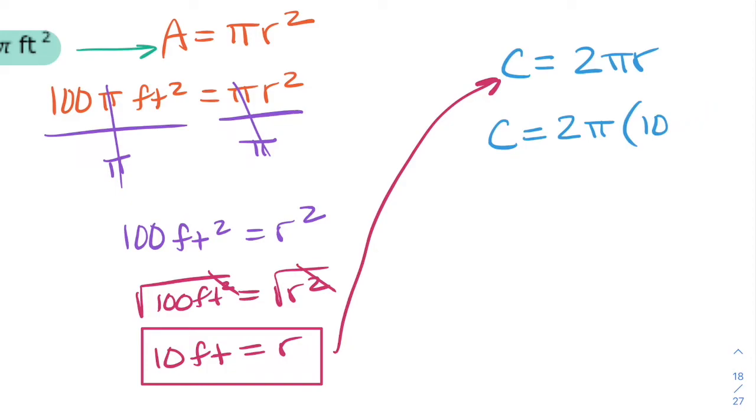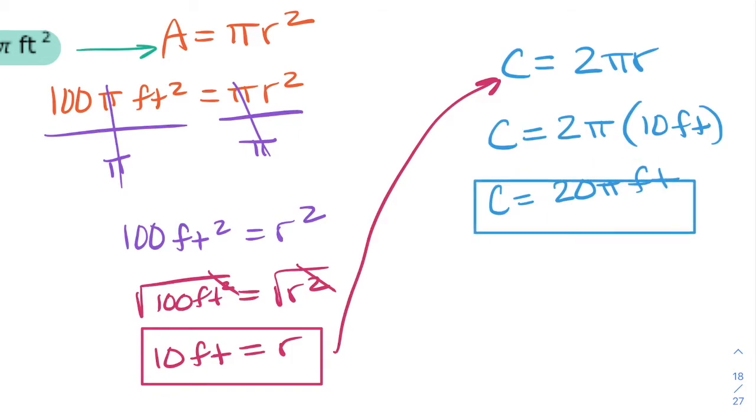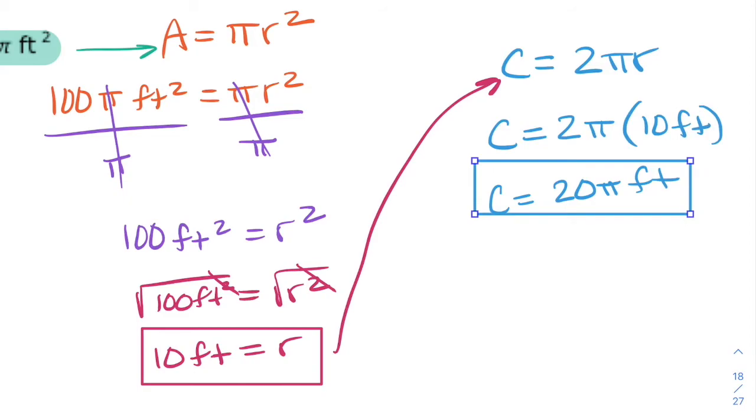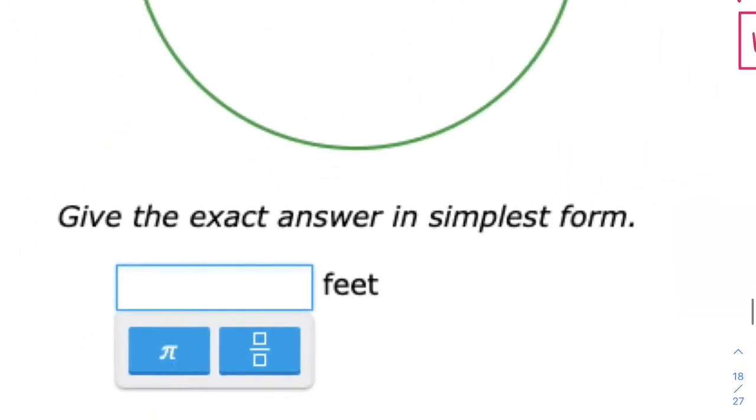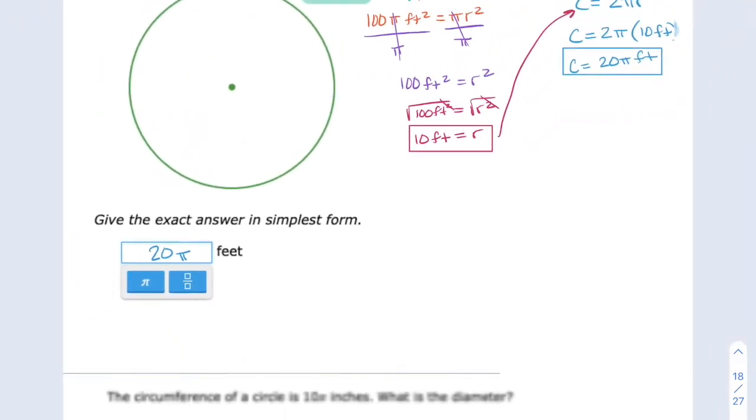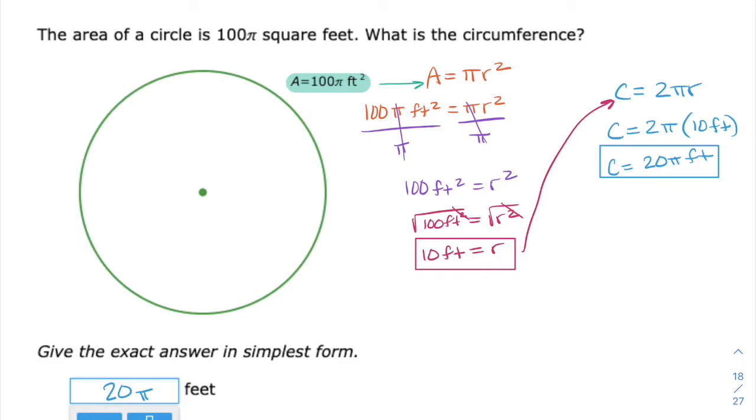So circumference equals 20 pi feet. And now we are done. We had to do a couple steps, but then we finally found the answer we're looking for. So 20 pi feet. And we are done with that problem.